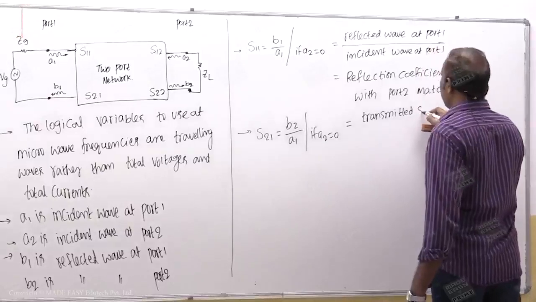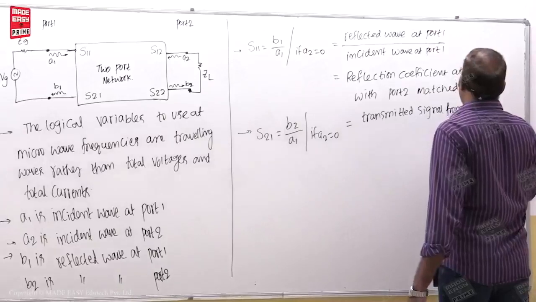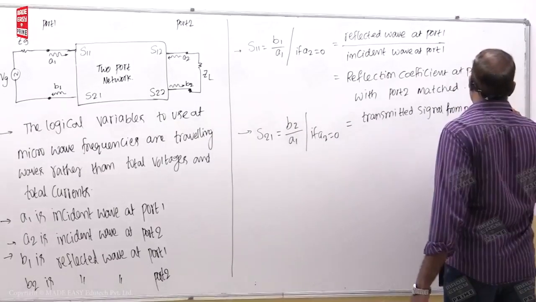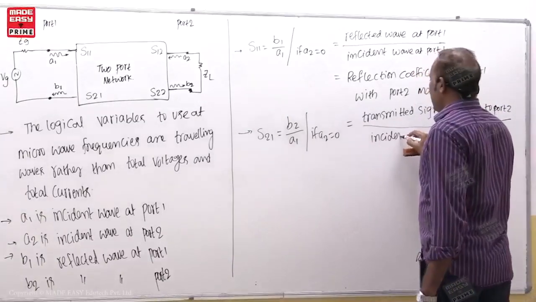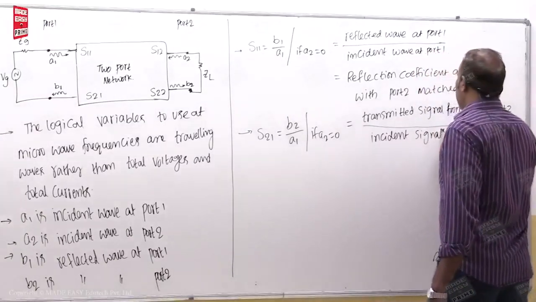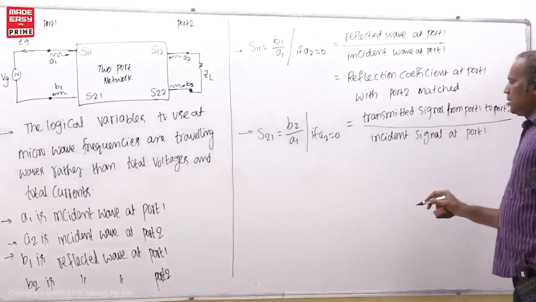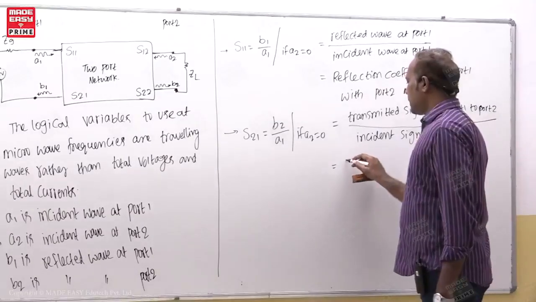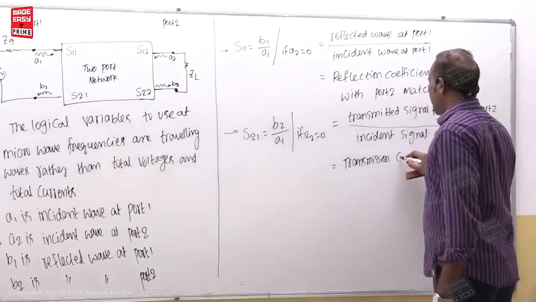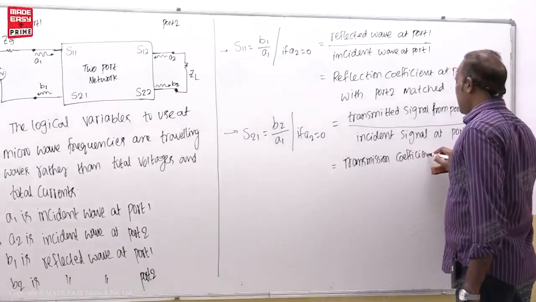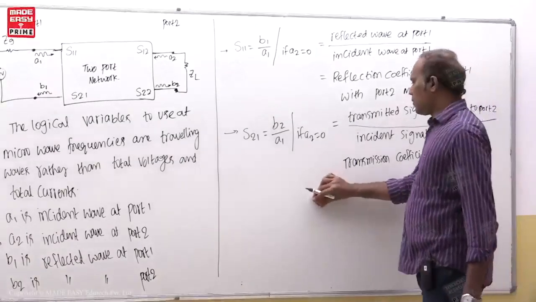So B2 is the transmitted signal from port 1 to port 2, divided by the incident signal at port 1. Now this is called the transmission coefficient, the forward transmission coefficient.